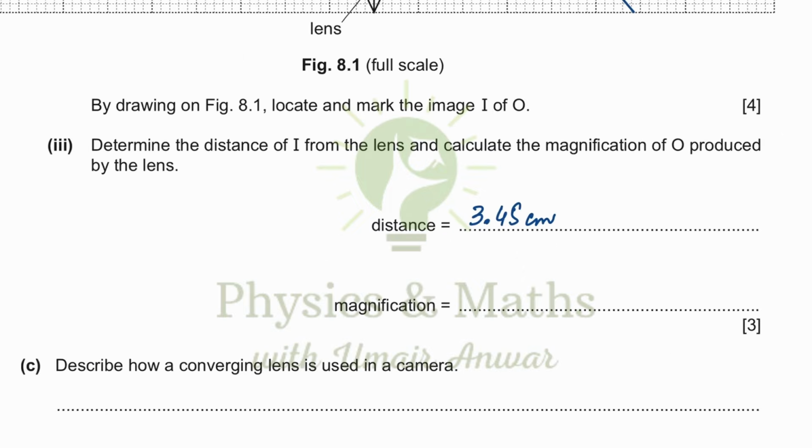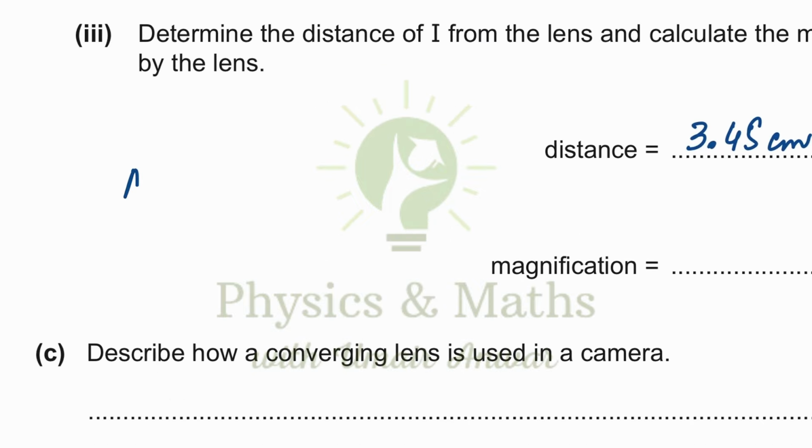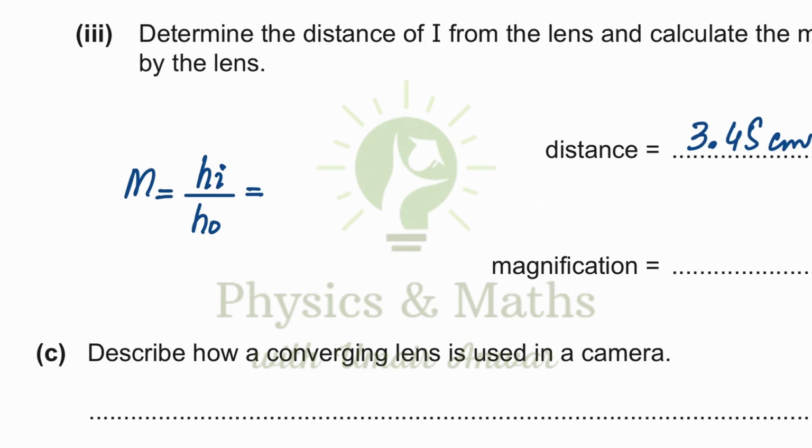Now we have to calculate the magnification. Magnification is given by height of image divided by height of object. Or there is another formula which could be used. It's actually the distance of image divided by the distance of the object. So we can use any one of them.